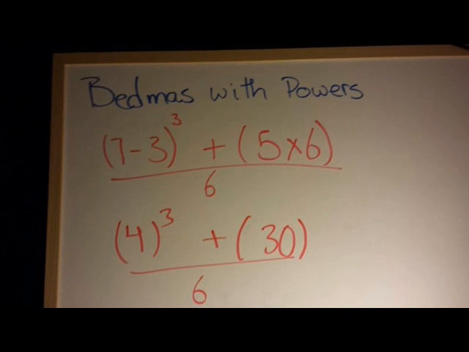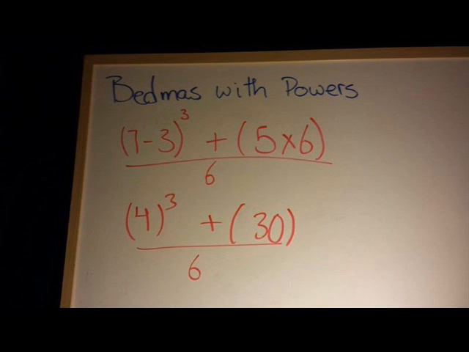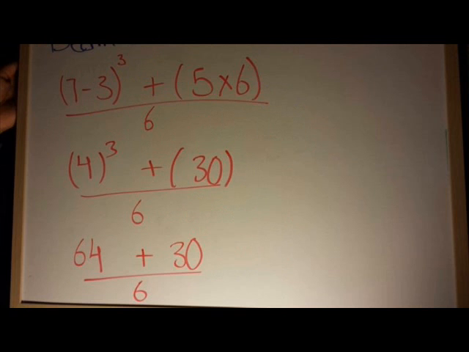(7 minus 3) squared plus (5 times 6), and it's a division one, so you have to do the brackets first. So I did them. 5 times 6 is 30, and 7 minus 3 is 4. Now I have to do the squared. So it's 64 plus 30.